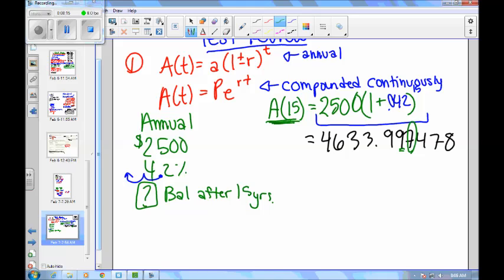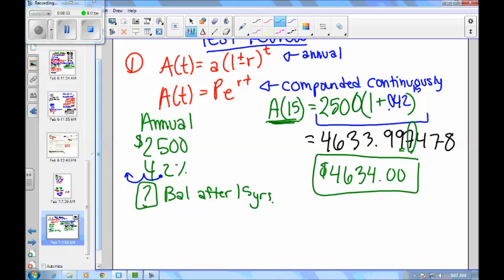So 7 is more than 5, so we have to up the score. 99 cents upped $1 makes it 4,634. And technically, if we're rounding to the penny, you should go out to the place value that was requested. And you do have a $ sign.